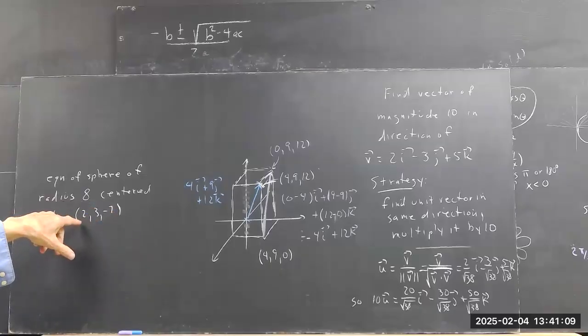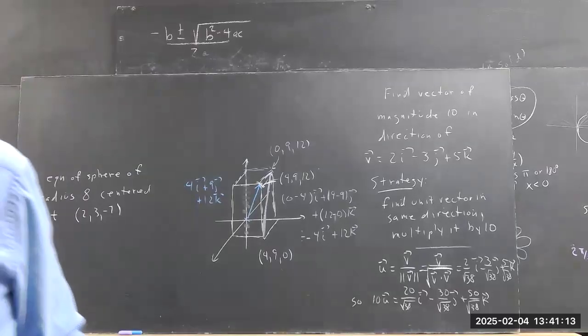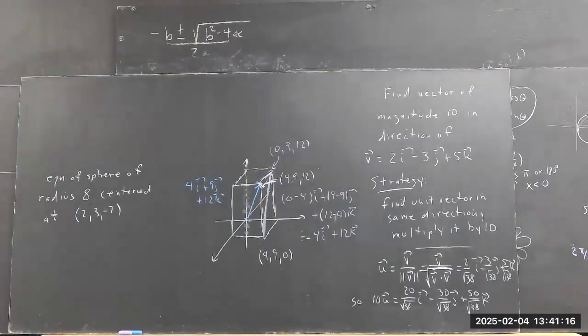Sphere of radius 8 centered at the point 2, 3, -7. Now, what is a sphere?